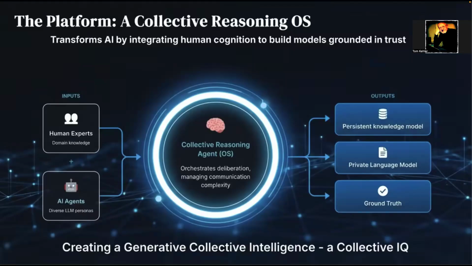Now, the basic platform, and we're again just going to look at the human experts participating first, is functioning like an operating system. Like everyone else, I'm a little hesitant to use that word, but in this case, it really does organize knowledge and produces as output an automated knowledge model.